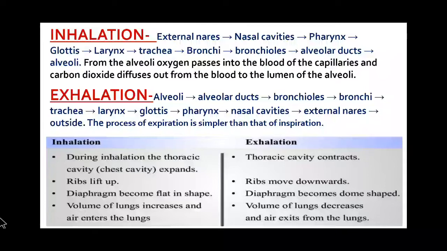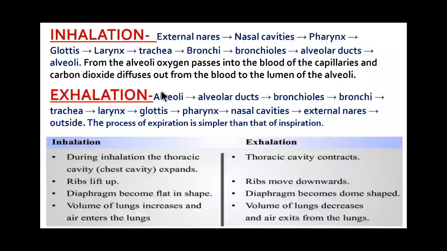Okay, in the process of inspiration, movement of fresh air into the lungs takes place from the external nasal cavity, pharynx, then glottis, larynx, trachea, bronchi, bronchioles, alveolar duct and alveoli, and from the alveoli oxygen passes into the blood of the capillary and carbon dioxide diffuses out from the blood to the lumen of the alveoli. Okay, that means shared exchange of gases. Now the carbon dioxide diffuses from blood into alveolar air.